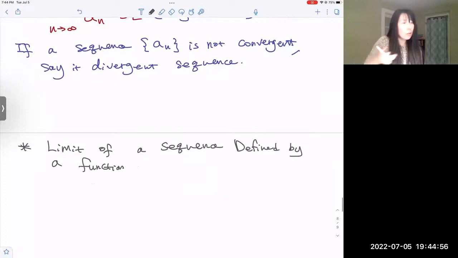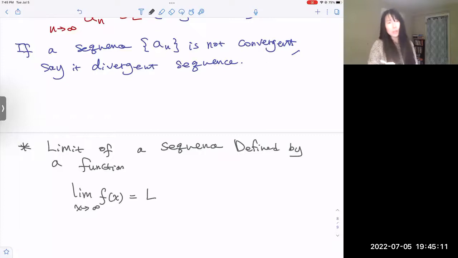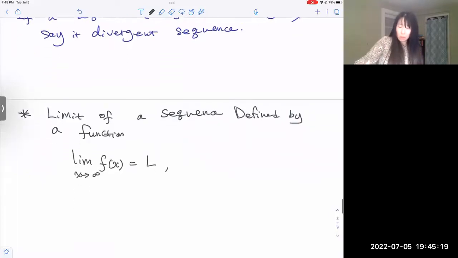So let me just write down. We have the function, limit as x approaches positive infinity, like Calculus 1, right? And if the limit exists, then the function's limit goes to L, right? Then we have convergence of the sequence.